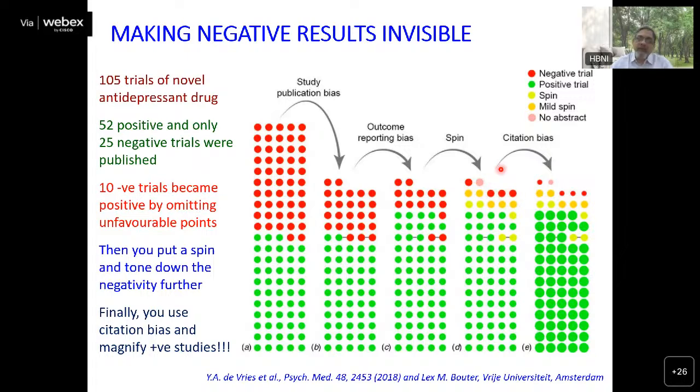And in the final step, what you try to do is increase the positivity of the positive results, make them even more positive, so they look much bigger than the negative results, which have become very small. This is how you can magnify a set of positive results and brush away all those negative or bad results under the carpet.